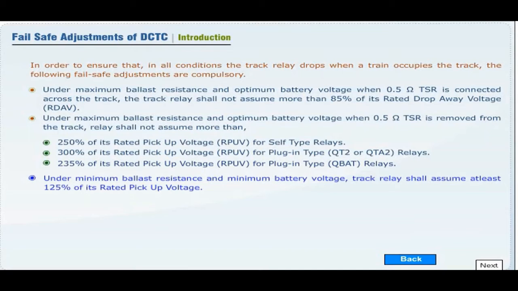Under minimum ballast resistance and minimum battery voltage, the track relay shall assume at least 125% of its rated pickup voltage.